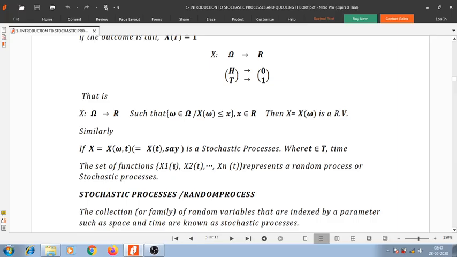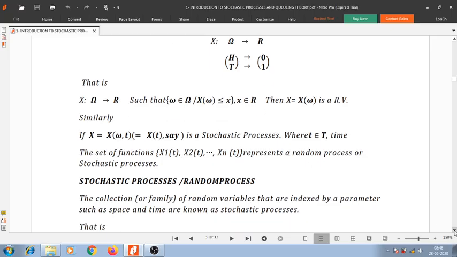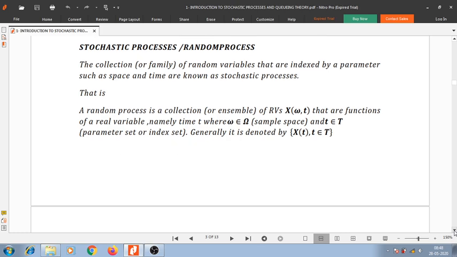We collect all 22 players as a collection of random variables, a family of random variables indexed by a time parameter, which is called a stochastic process. So that collection, the set of functions of all these 22 players, represents a random process or stochastic process. Now we define a stochastic process generally. It is a collection or family of random variables indexed by a parameter such as space and time.